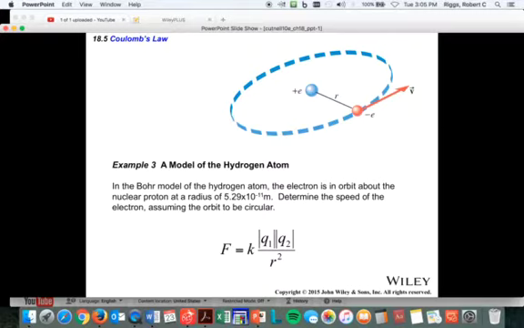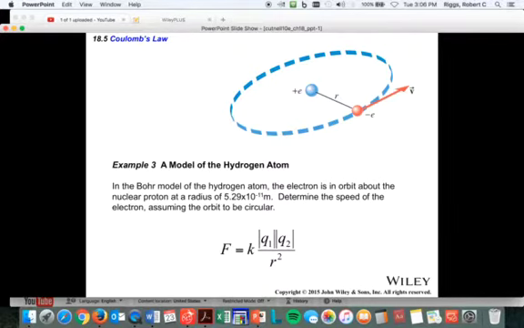It's not bad. All right, so let me write down r is equal to 5.29 times 10 to the negative 11 meters. That's the radius that they're apart. I know the charge of a proton is 1.6 times 10 to the negative 19 positive coulombs. The charge of the electron is negative 1.6 times 10 to the negative 19 coulombs.